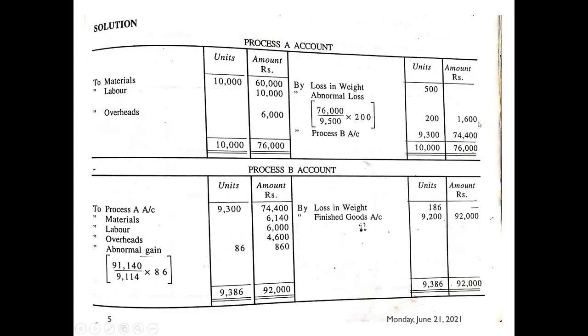For the units we got, we need the amount too. How do we calculate the amount? Applying this formula: normal cost of normal output divided by normal output. That is 76,000 minus 0, divided by 10,000 minus 500, so 9,500, into 200. So it becomes 1,600. Now you balance it and get 74,400.